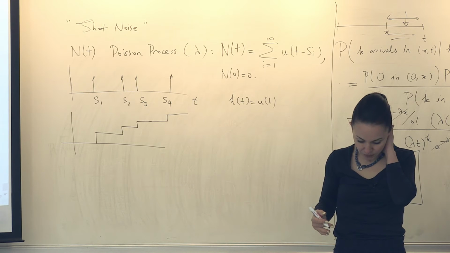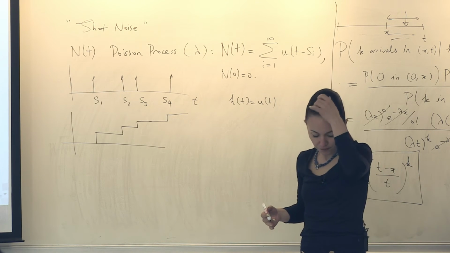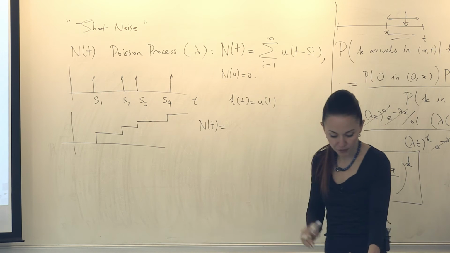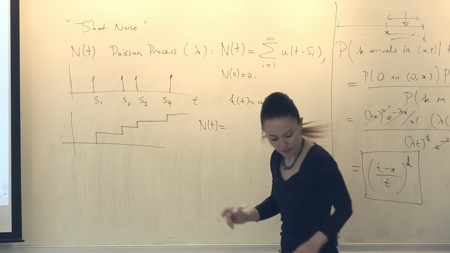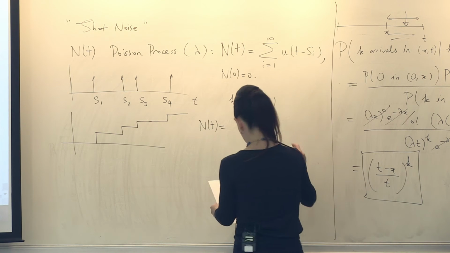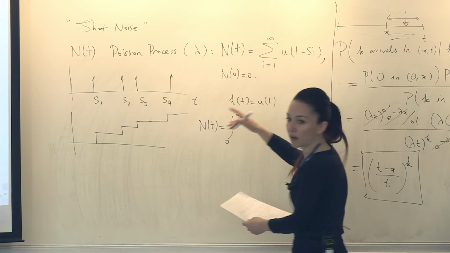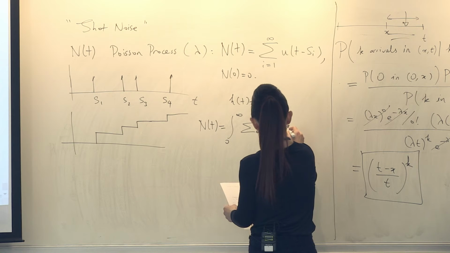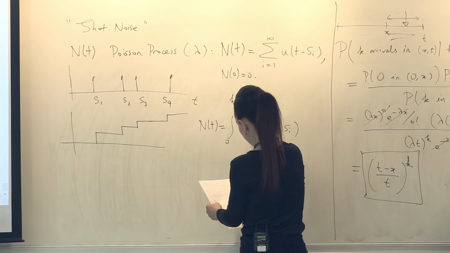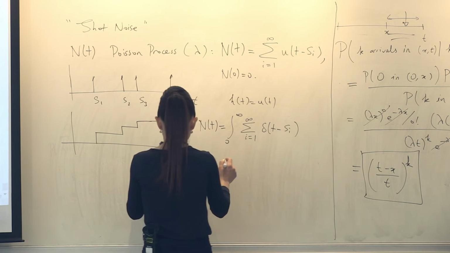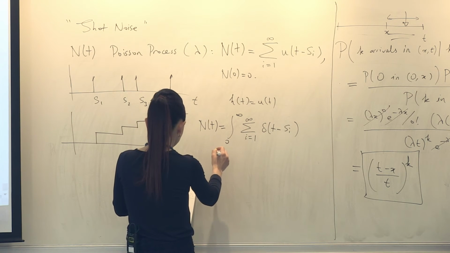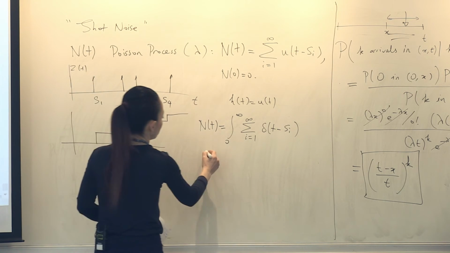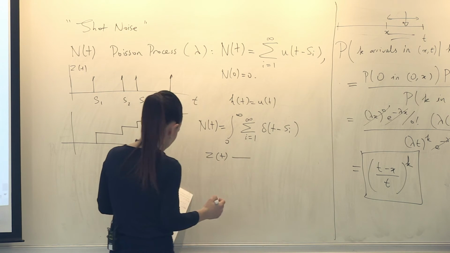Okay. So then we can think of n of t as the filtered impulse train, where this impulse train, let's call this z of t, comes into the system.